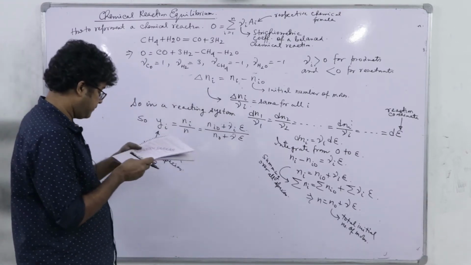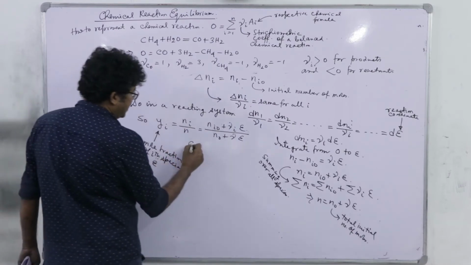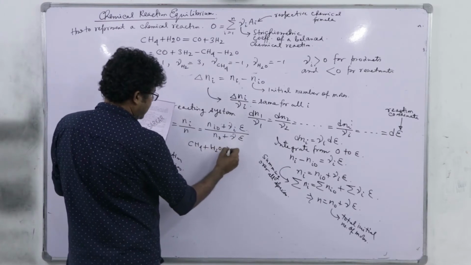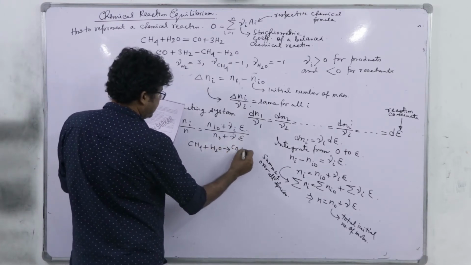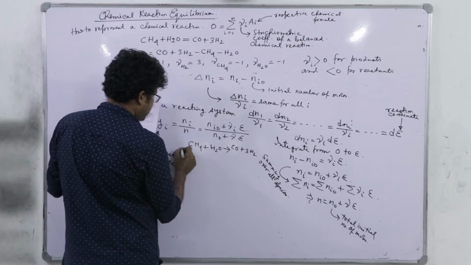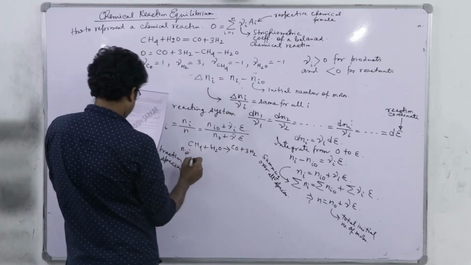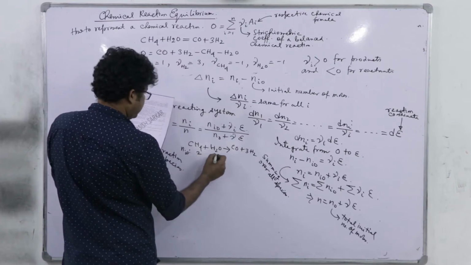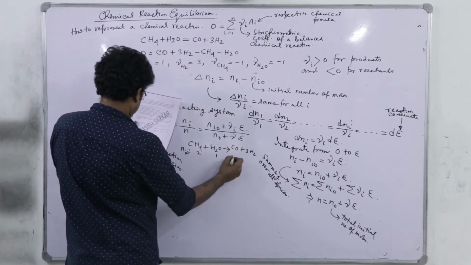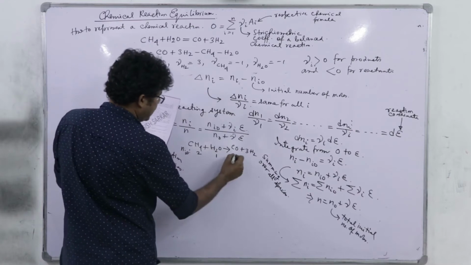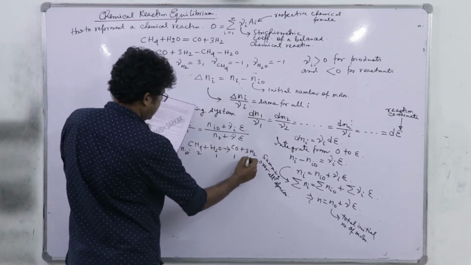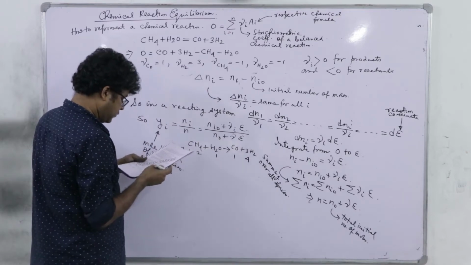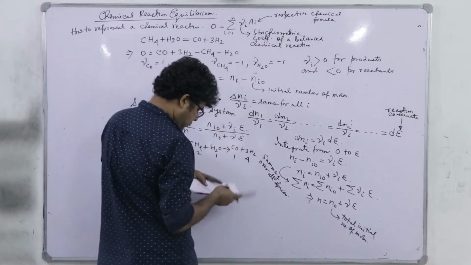For example, if I have the same reaction, CH4 plus H2O giving CO plus 3H2, and I write ni0: CH4 is 2, H2O is 1, CO is 1, and H2 is 4.